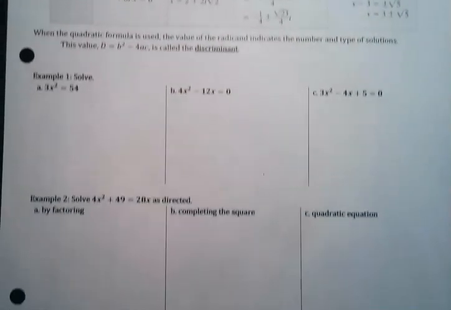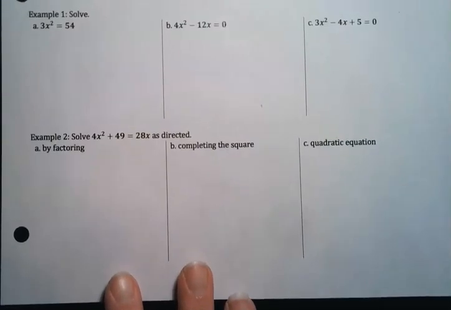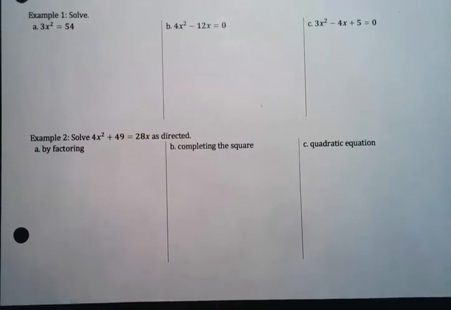So let's look at example 1, and let's solve some things that we've got here. We've got 3x squared equals 54.